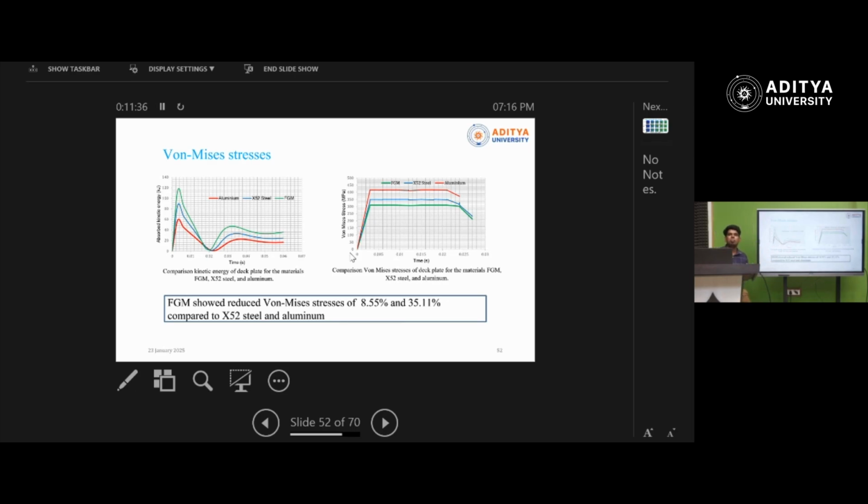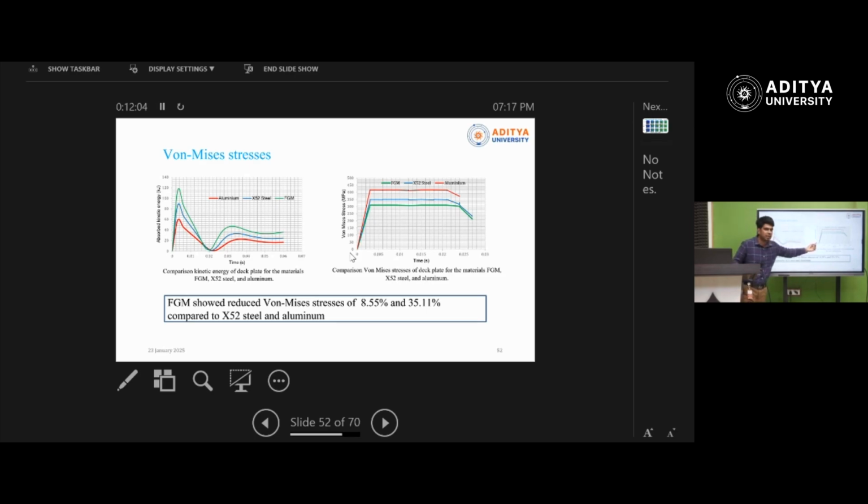If any material acts completely as a rigid material, not absorbing any energy, the collision impact will be very, very high. So it should generally deform in the elastic manner. It should not attain permanent deformation, which is going to affect the platform operation. At the same time, it should dissipate the energy. That's why these materials are taken for the analysis.